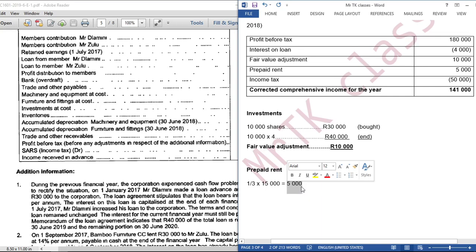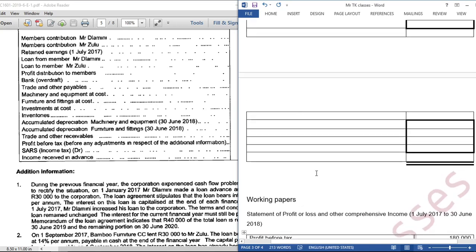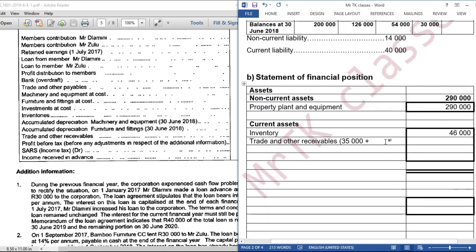So we are going to take that 5,000. It is a receivable. So what do we get? 35,000 plus 5,000, that's 40,000.